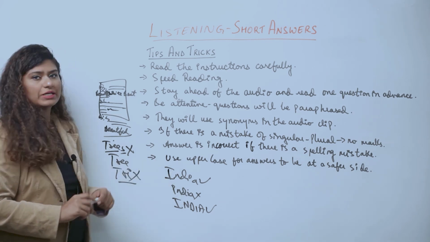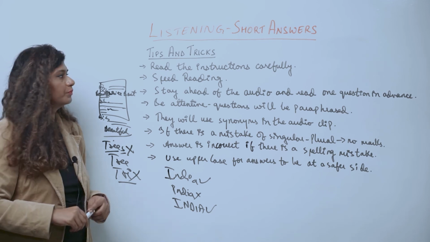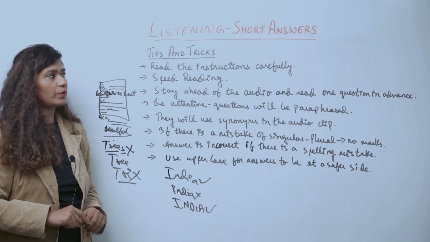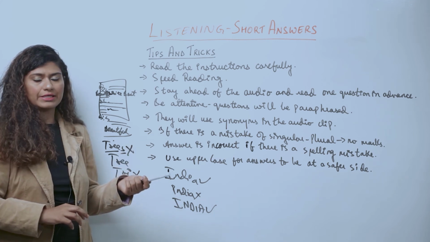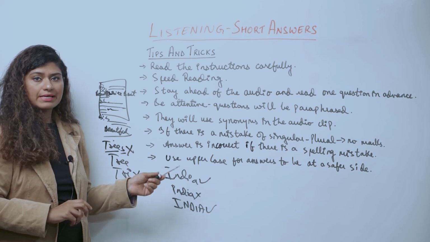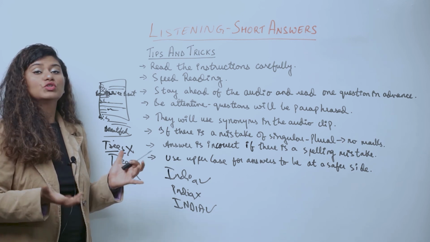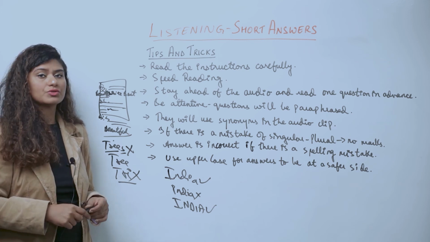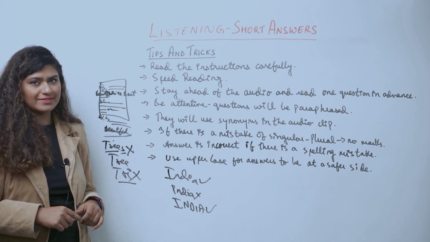So you can do that also. It is going to help you. So these are the tips and tricks in order to deal with the short answers kind of questions in the listening section. Try to understand them, implement them, use them and practice for these. I'm sure it is going to take your scores higher in the listening section.